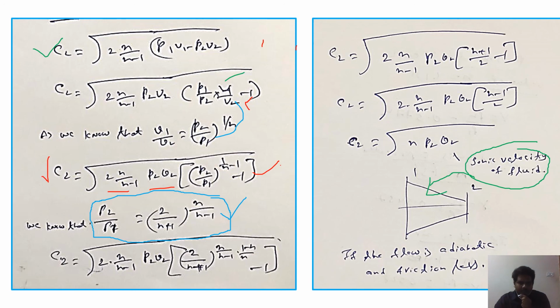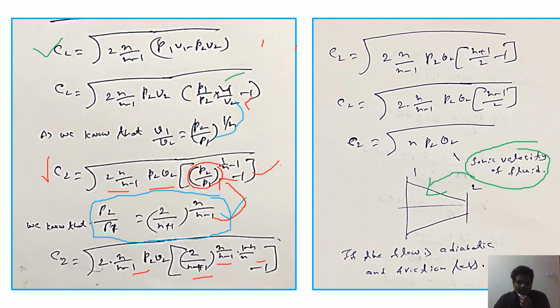So if you substitute this term here in place of P2 by P1, C2 equals square root of 2 into n by n minus 1 P2 V2 into ((2 by n plus 1) whole power n by n minus 1 into 1 minus n by n minus 1). This is the equation after substituting the pressure ratio in place of P2 by P1.